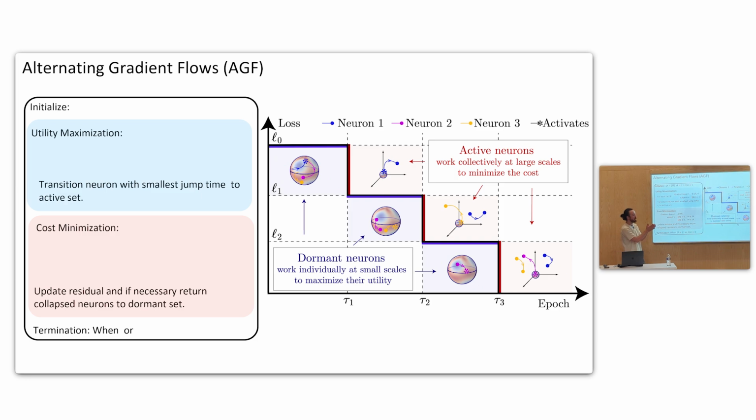Basically there's this separation of timescales where the direction is effectively instantaneous in the vanishing initialization limit. So you can just solve that constrained optimization problem, at which point neurons will be in different directions and they'll be growing at different rates. And then you can just figure out which neuron is going to escape first.